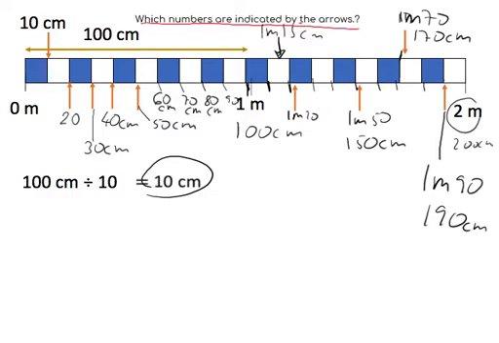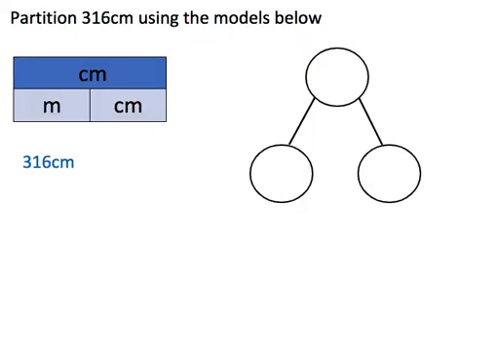Alright, let's move on to the next one. And you partition this number using the models below. Pause the video and have a go. Okay, so we've got 316 centimeters to partition. I'm going to write that in there, 316 cm.